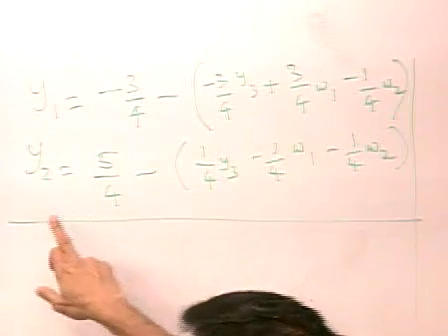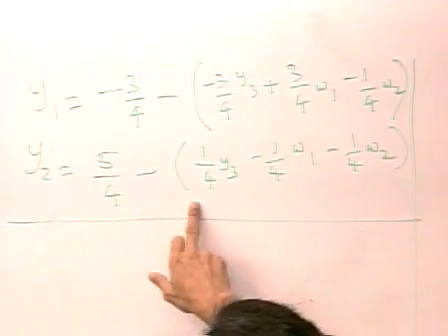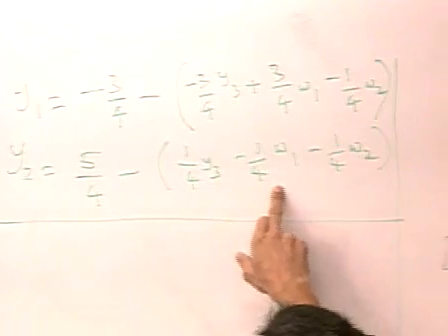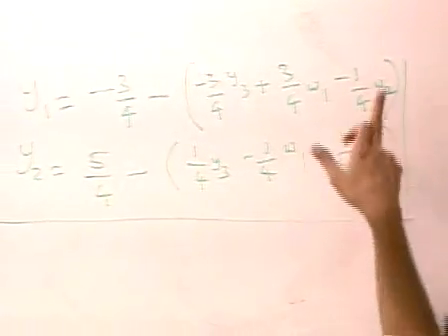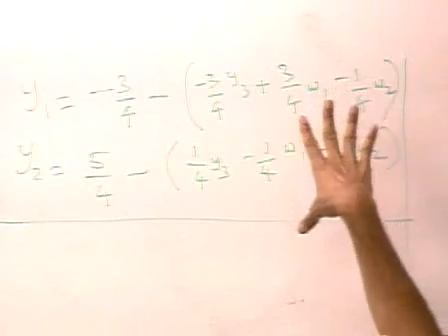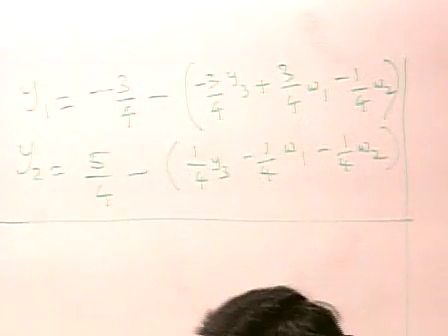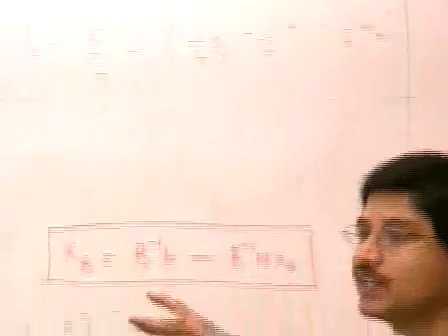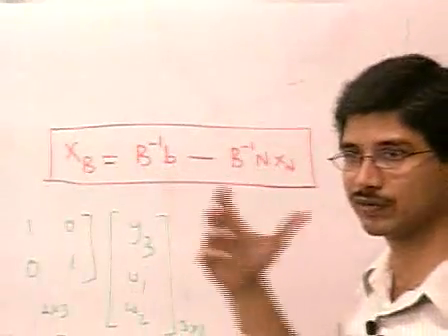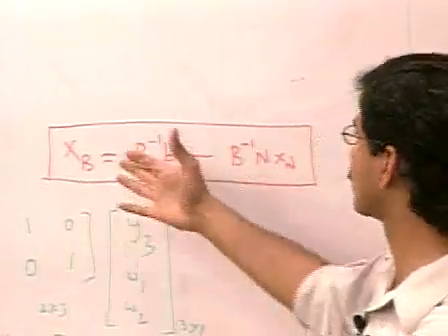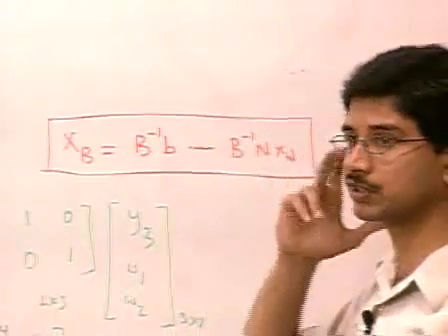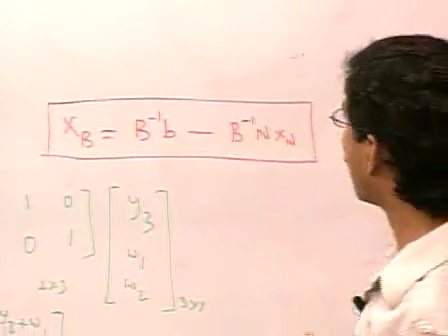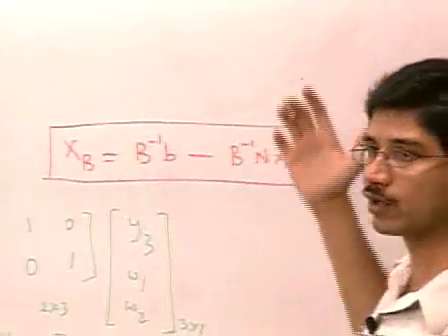Similarly, Y2 equals 5/4 minus Y3 over 4 plus W1 over 4 plus W2 over 4. So you get exactly the dictionary that we found. You can compute it with a knowledge of just the B matrix, specifically B inverse. So if you're given a B, you can compute B inverse, you can write down the dictionary, just such a simple computation. The same argument would apply to the last row.